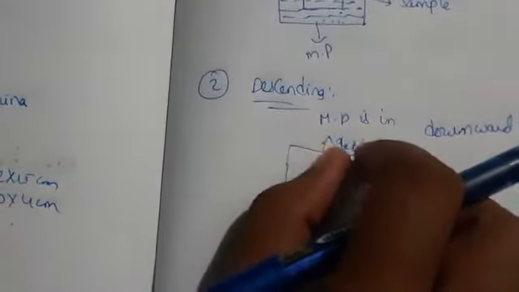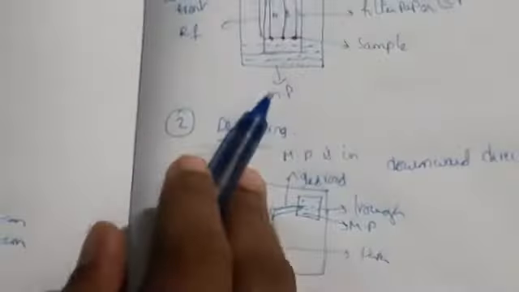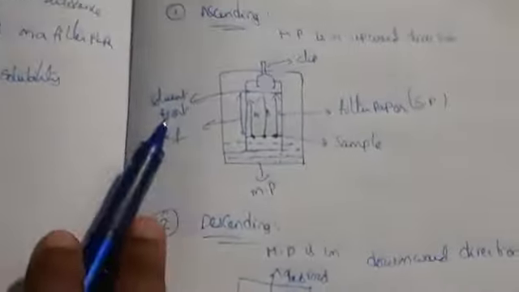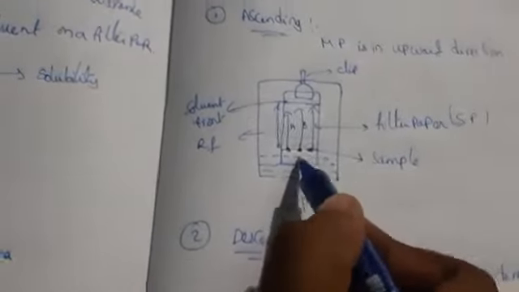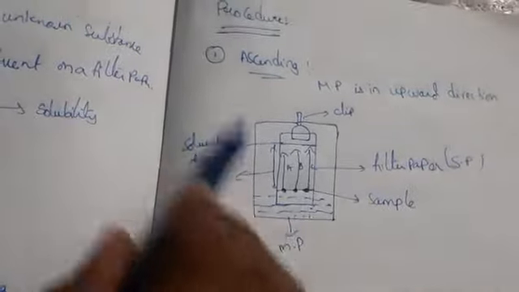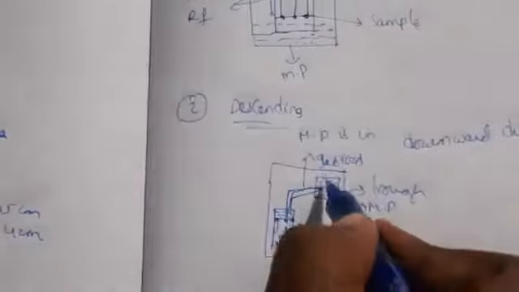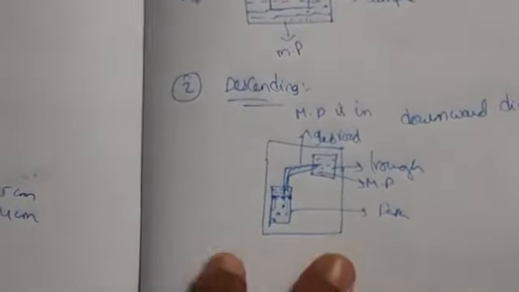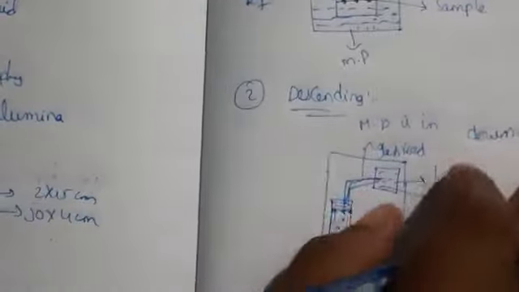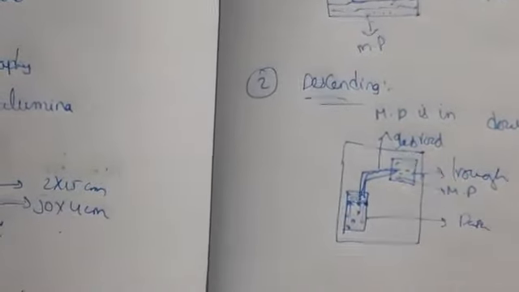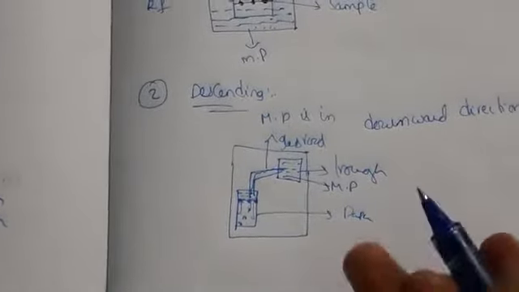So the flow of the mobile phase here is more compared to the ascending technique. In the vertical method the flow of the mobile phase is very slow, and here the flow of the mobile phase is very high. So these compounds will have very low RF values and we cannot separate them.